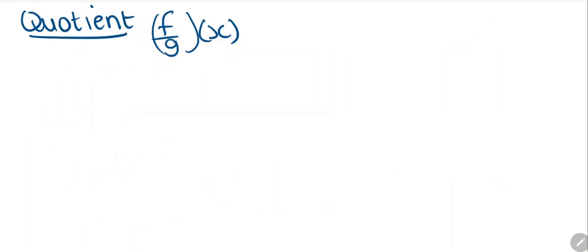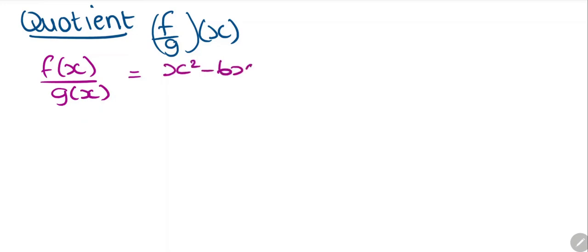So looking at the quotient, this time it's going to be f of x divided by g of x. And we have f of x is x squared minus 6x minus 8, and this is divided by root of x. So this time it cannot equal 0 on the denominator because it will be undefined.